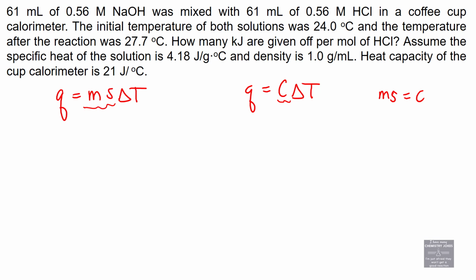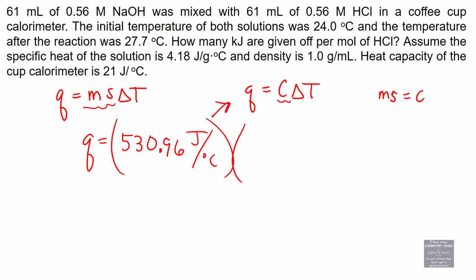But the heat given off by the reaction or absorbed by the calorimeter can be calculated through one of these equations. Because we just found the heat capacity of the calorimeter, let's find it using that equation. The heat capacity of the calorimeter we found was 530.96 joules per degree Celsius, and my delta T is 27.7 minus 24.